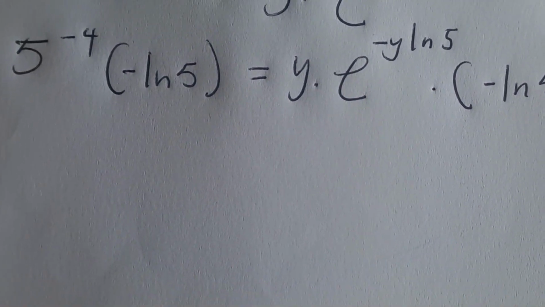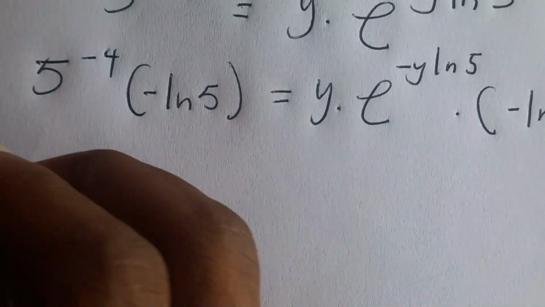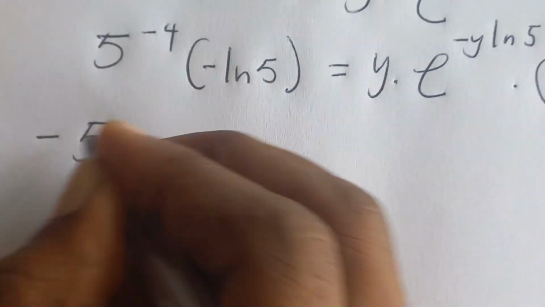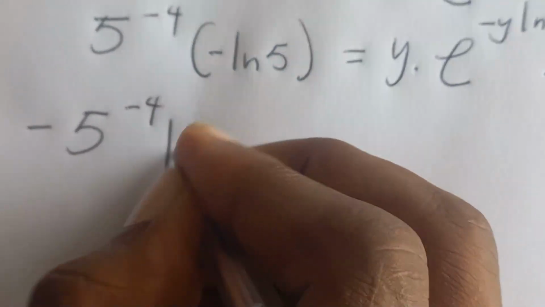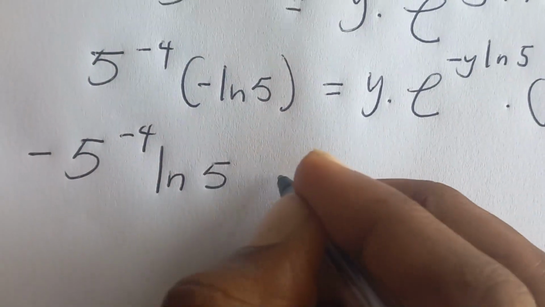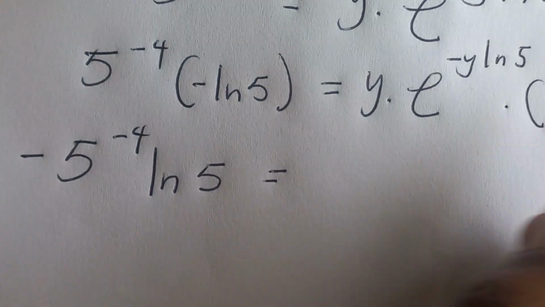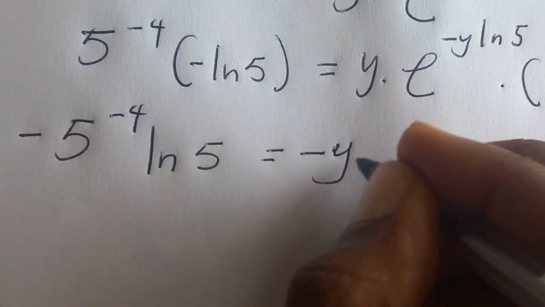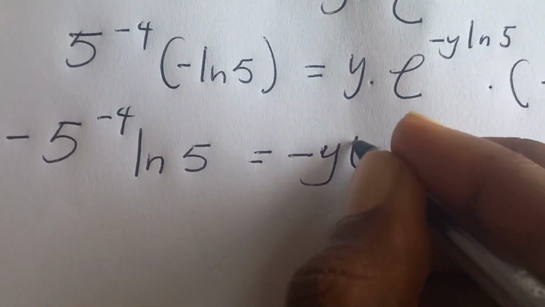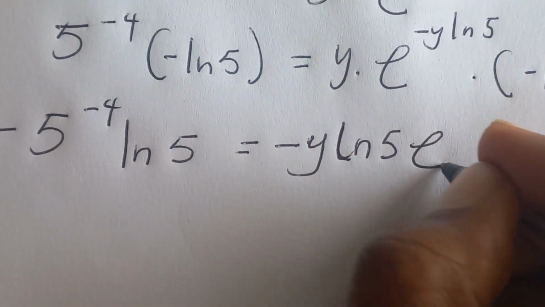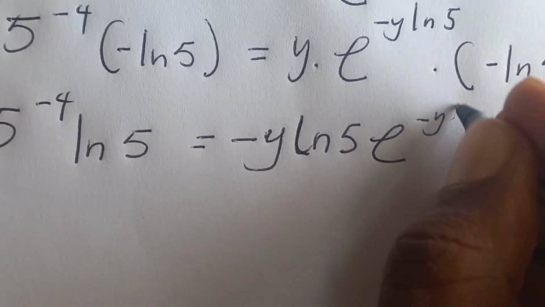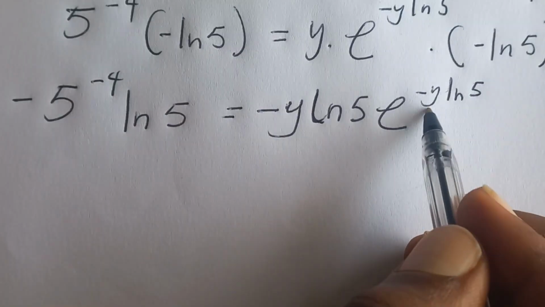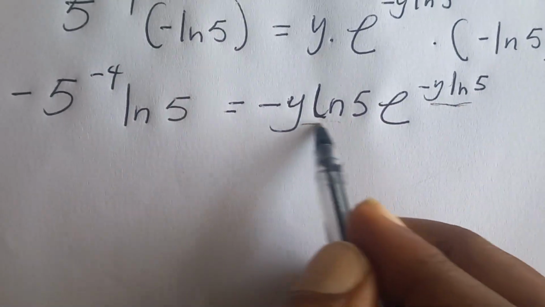So now our equation becomes negative 5 exponent negative 4 ln 5 is equal to, we are going to get, negative y ln 5 times natural log of 5 exponent negative y. Looking at this, you can see that this exponent is the same as this.